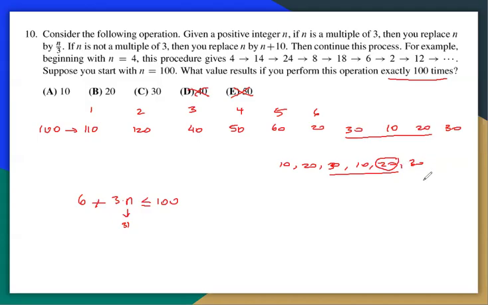But after that, you need one more operation to get 100 times. Since the first number of the cycle is 30, our answer should be 30 as well. So I hope that was clear. That was just simply recognizing the pattern. Okay, so I hope that was all good. So I'll see you in the next video.